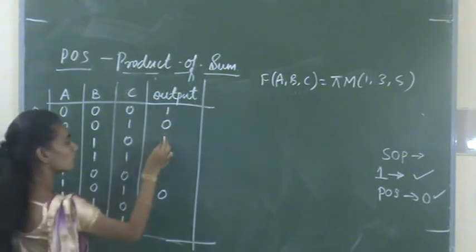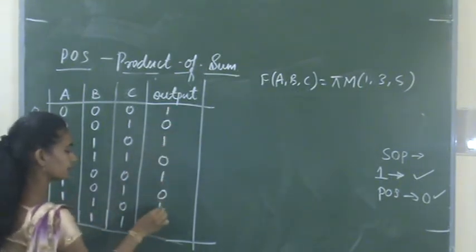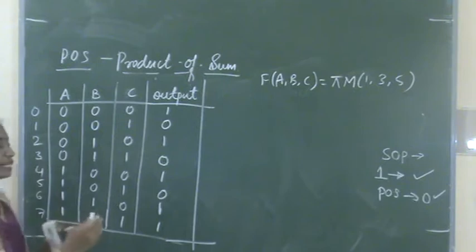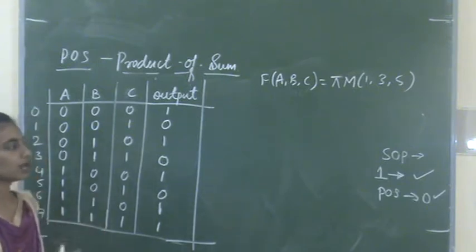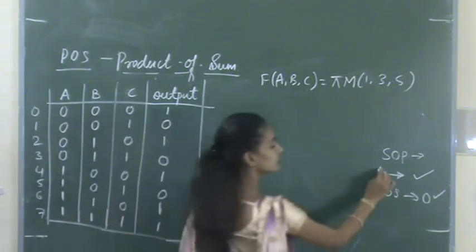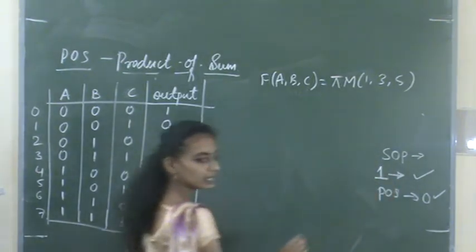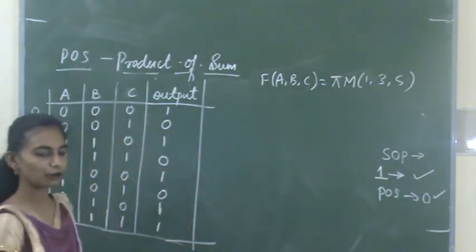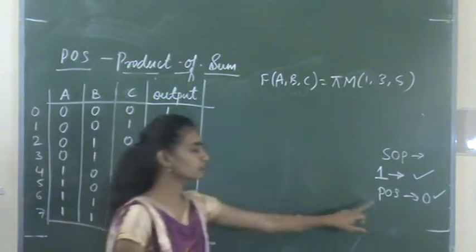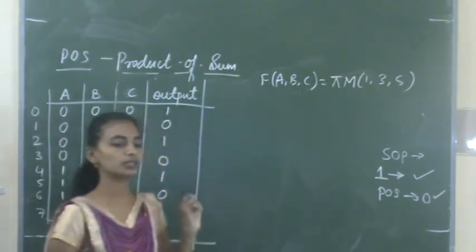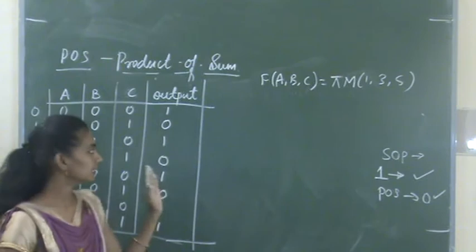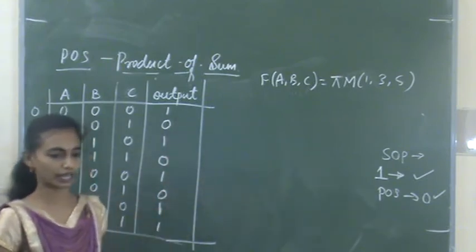The remaining outputs will be high. Okay. So it is just the reverse of the SOP form. In SOP form, wherever the output is high, that is the expression we take. In POS, wherever the output is low, meaning 0, that is the expression we take.